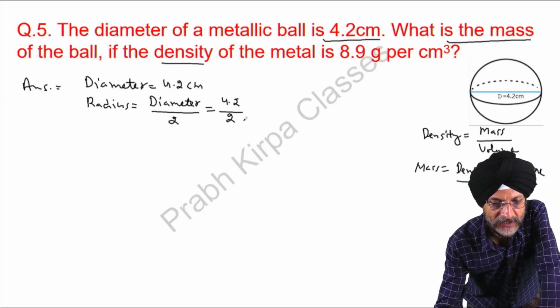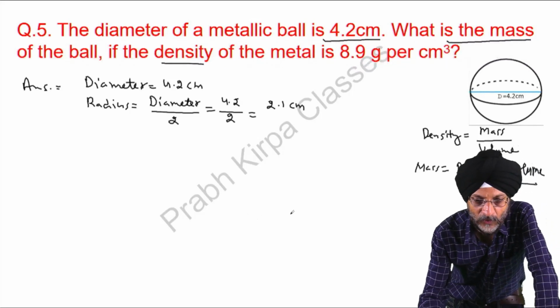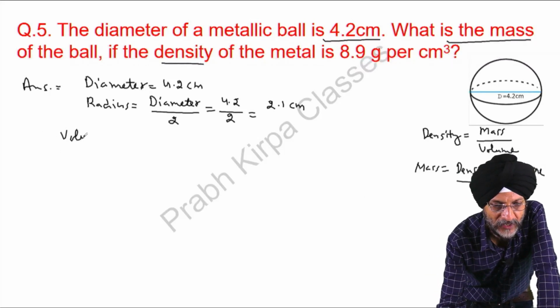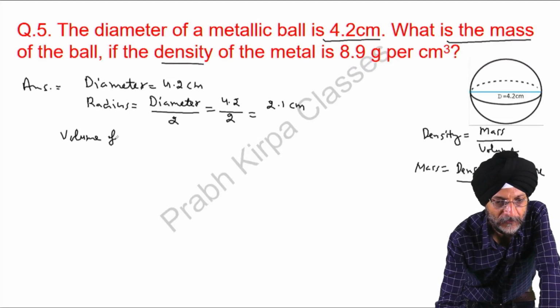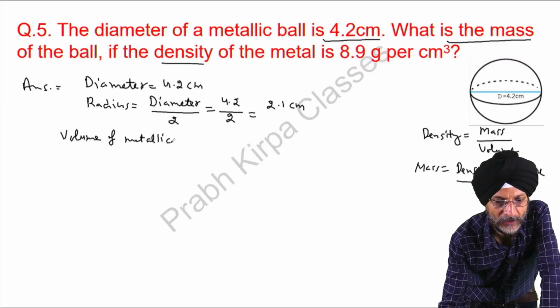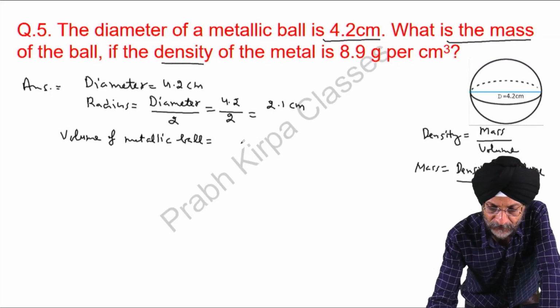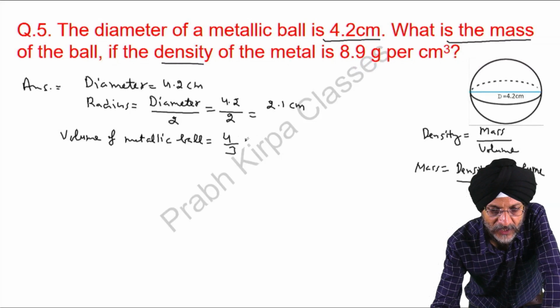It will come as 2.1 centimeter. Now we will use the formula to calculate volume of metallic ball. Now what is the formula? It is 4 over 3 pi r cube.